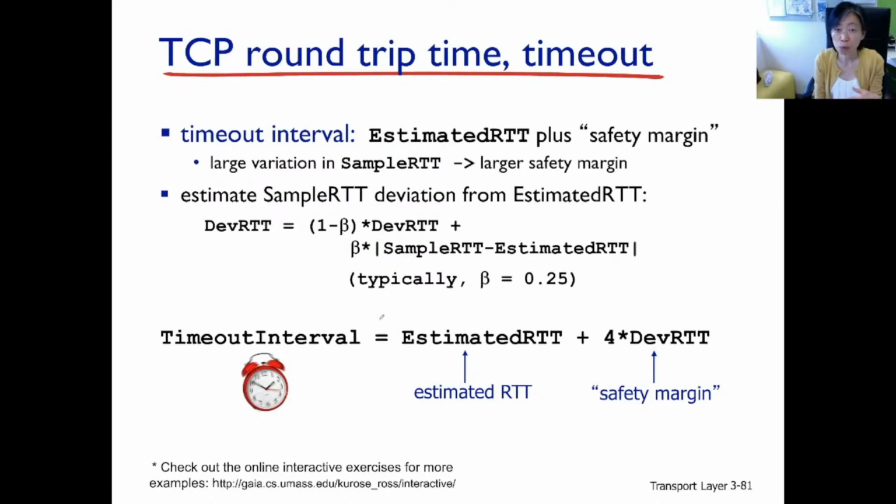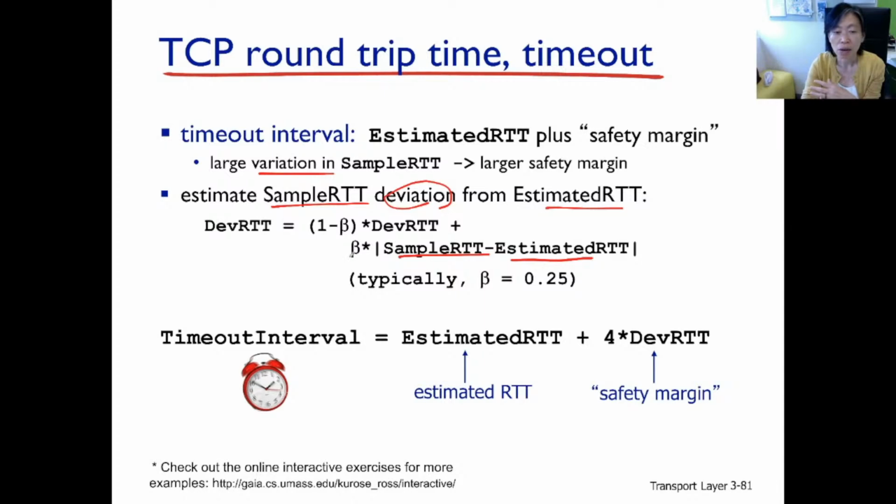So the challenge boils down to estimating the variation of sample RTT, and that can be done this way. Sample RTT is the instantaneous RTT, and estimated RTT is the variable storing the average RTT. So the deviation is essentially the sample RTT subtracting the average RTT.